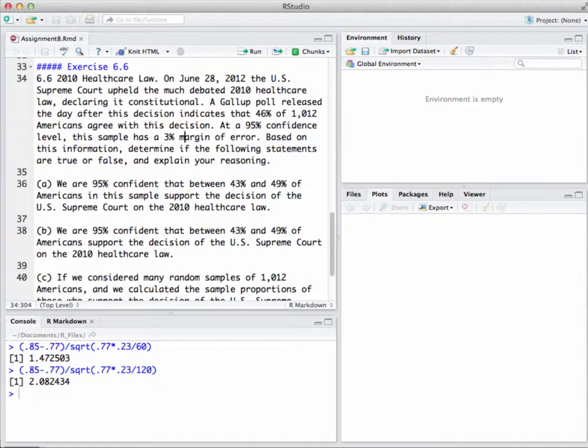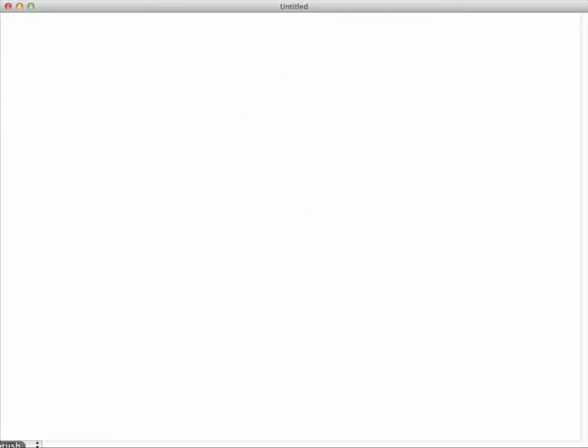So let's talk about the CI for just a second. Let's go over to the whiteboard and talk about what that confidence interval looks like. We came up with a sample proportion, a p hat, that was 46%. So p hat is equal to 46%. That is our point estimate. And the margin of error that was given to us is equal to 3%.